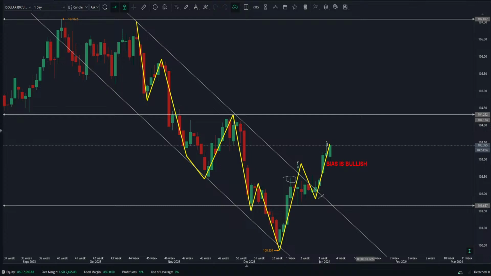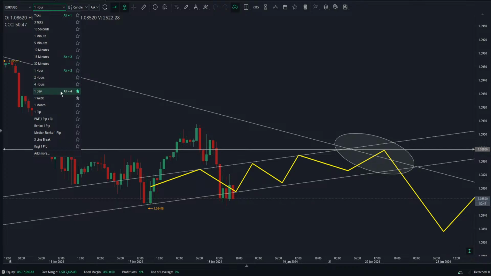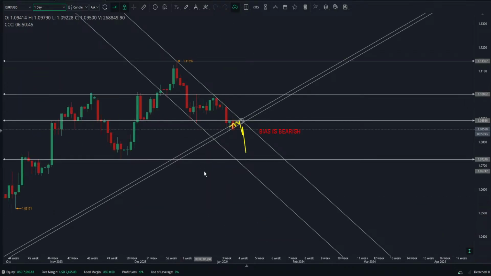Understand this part? So the next resistance is 104.29, where I'll be cautious, but till the time the price is trading above 101.63 I'll be looking for buying opportunities only. I will not sell this market above 101.63. That's it. Similar is the case with the euro, but just reverse.